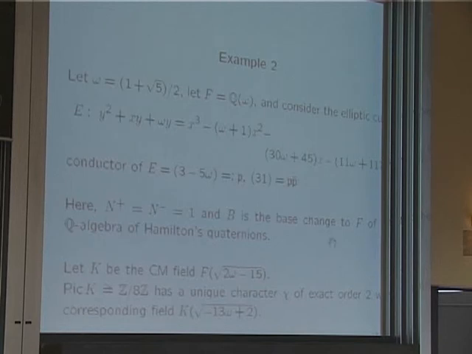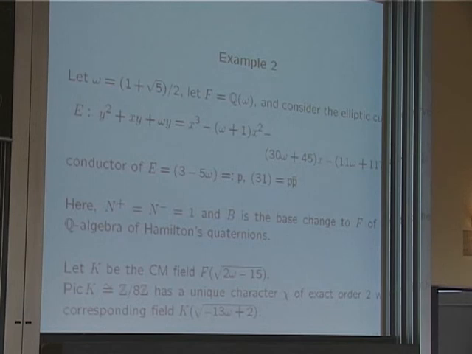And I have another example where I look at an elliptic curve defined over the field Q of root 5. So this is an example not defined over Q. This is sort of nice. If I look at a certain CM field, F adjoin root of 2 times omega minus 15, where omega is 1 plus root 5 over 2, then this has class group of size 8 and a unique character of order 2.